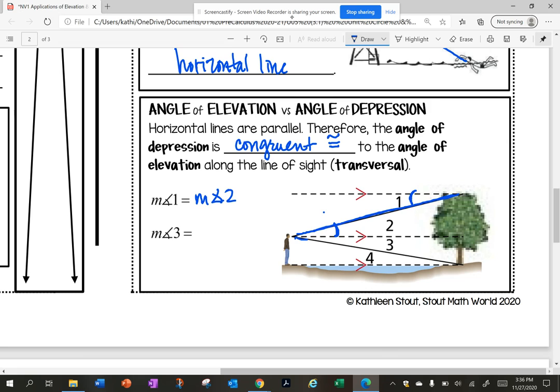Same thing is true for the second line of sight. Angle 3 is the angle of depression, and that would be congruent to angle 4, the angle of elevation. So I'm going to apply that property that those two angles are congruent.